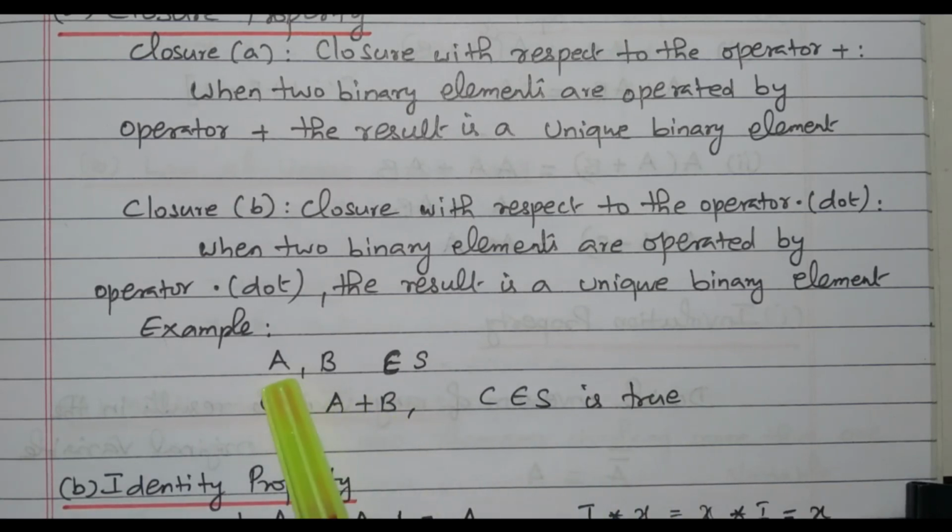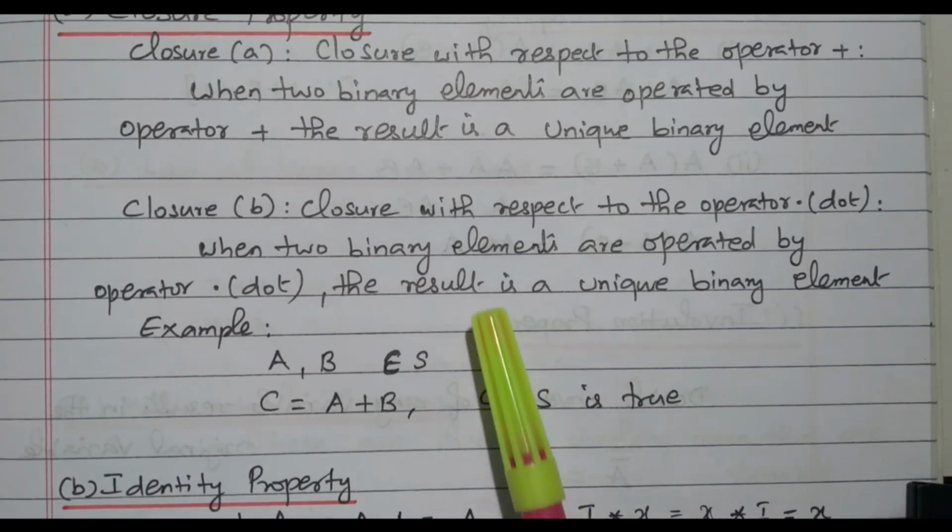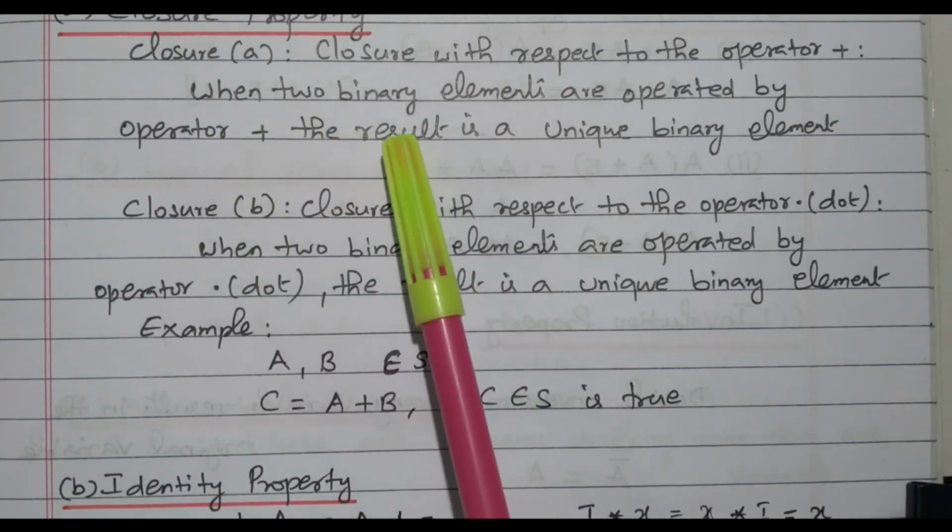It is simple: A and B are two elements, and C is the sum A plus B. So we have three variables, A, B and C equal to A plus B. If A and B belong to S, then C also belongs to S, because we got C from A plus B. That is the description given in the closure property.